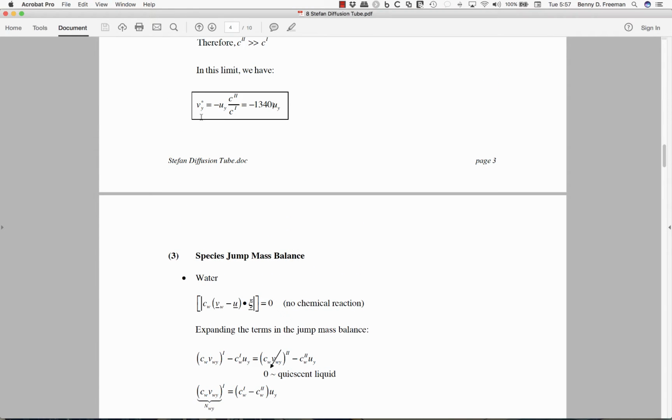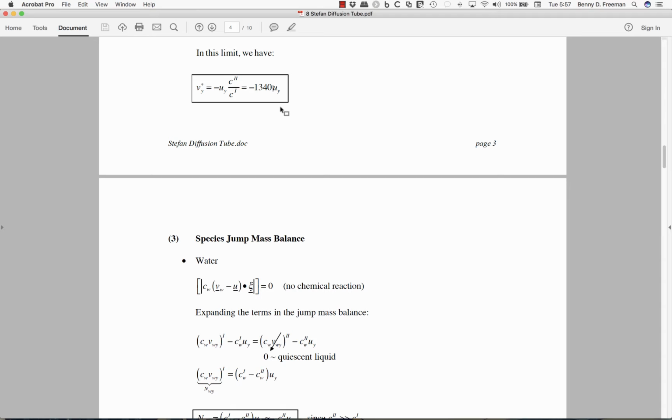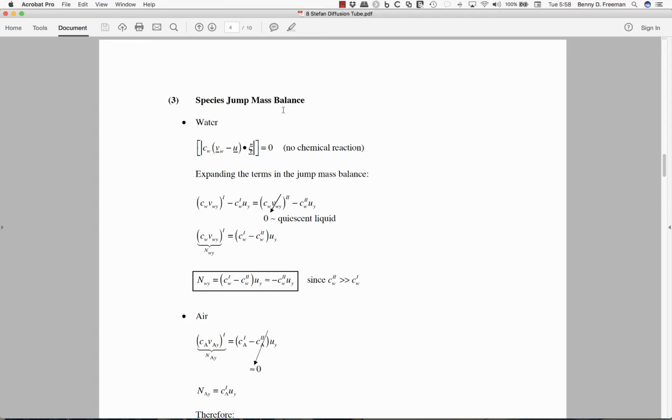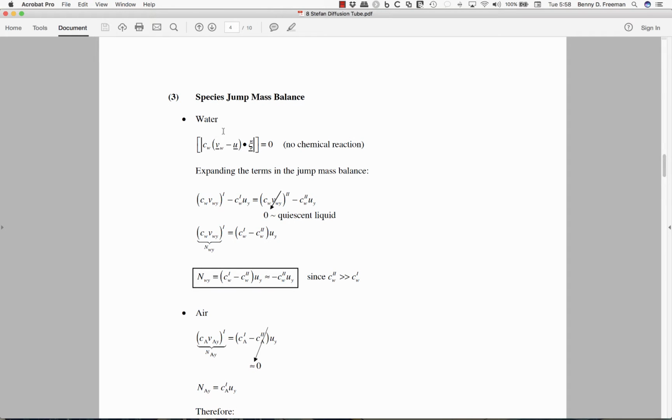And so now we have a relationship between the molar average velocity and the velocity at which the liquid vapor interface drops, u sub y, and that's all that we get out of our overall continuity and overall jump mass balance. And so now we turn to the species jump mass balance, and we're going to focus on water because this is the component that's evaporating or diffusing in this case. And we write the species jump mass balance again in the limit of no chemical reaction.